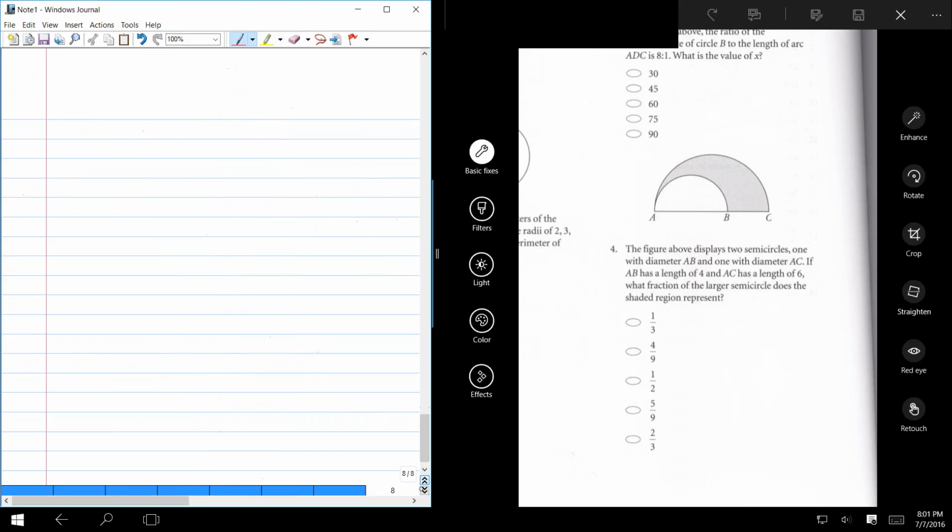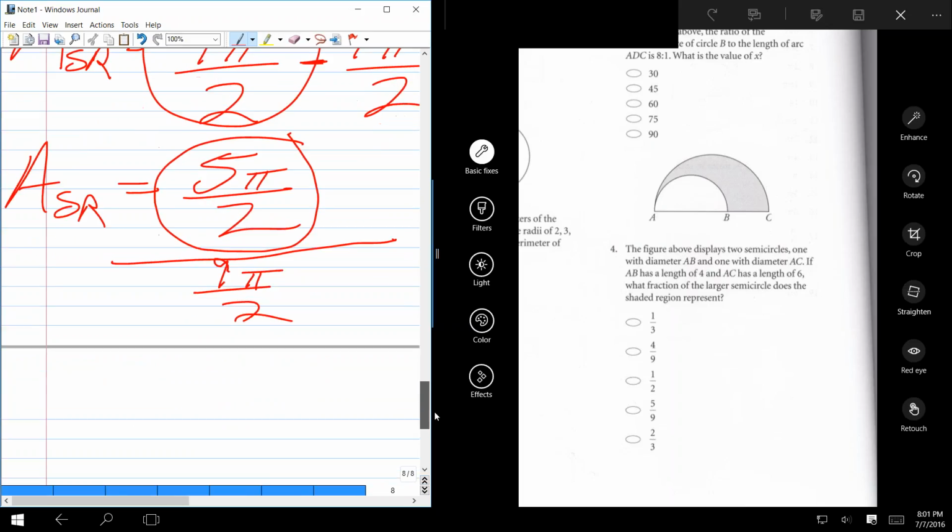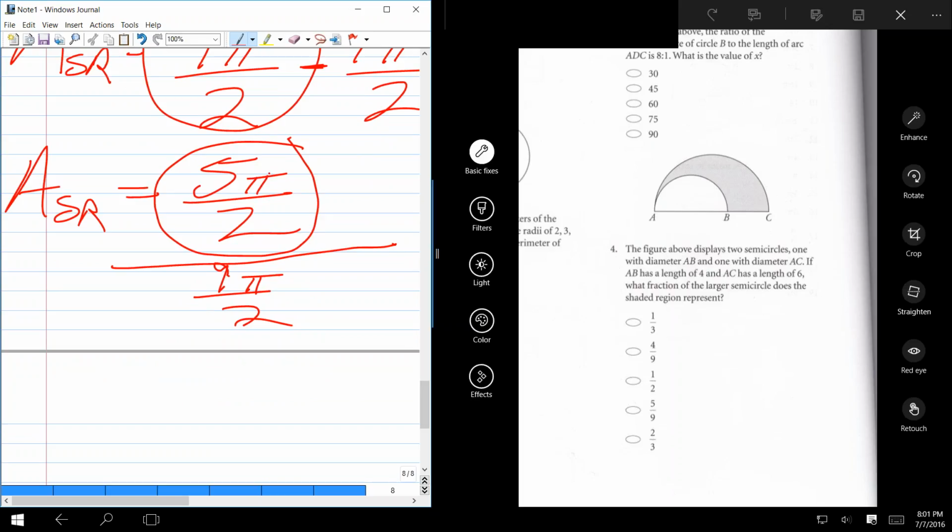So the answer we're looking for is 5 pi divided by 2, divided by 9 pi divided by 2. How do you do that math? You do copy dot flip.